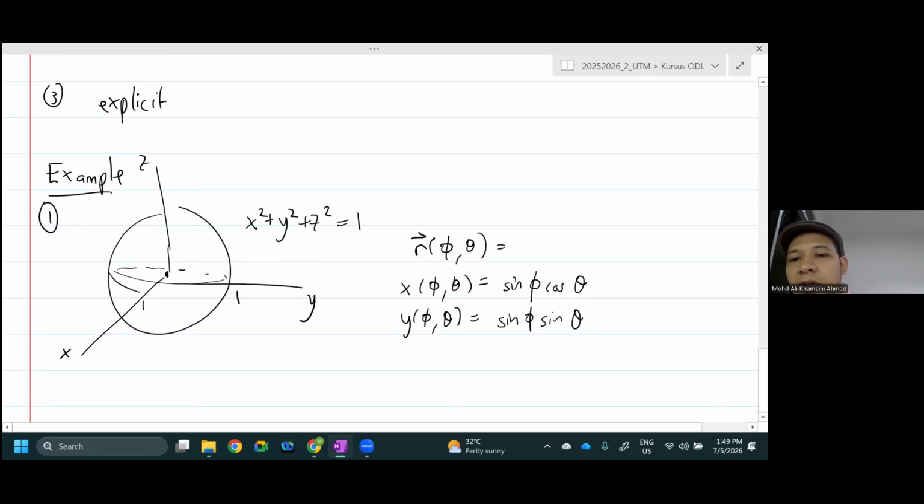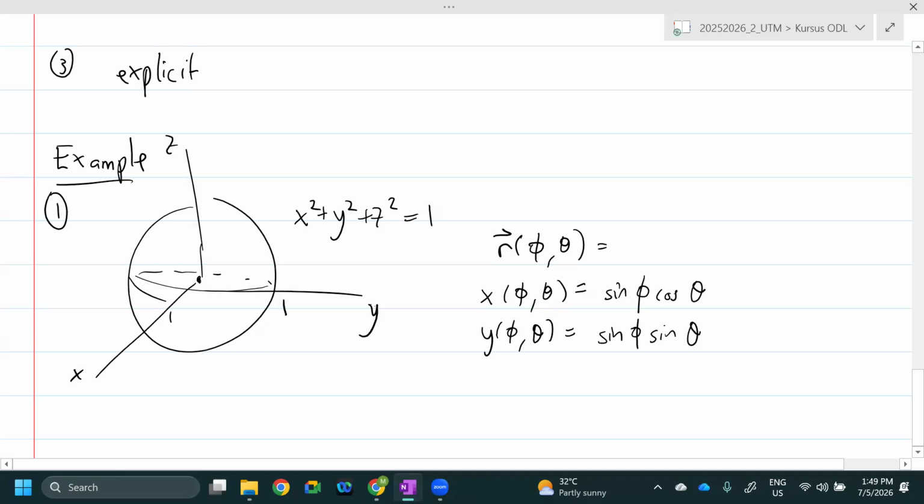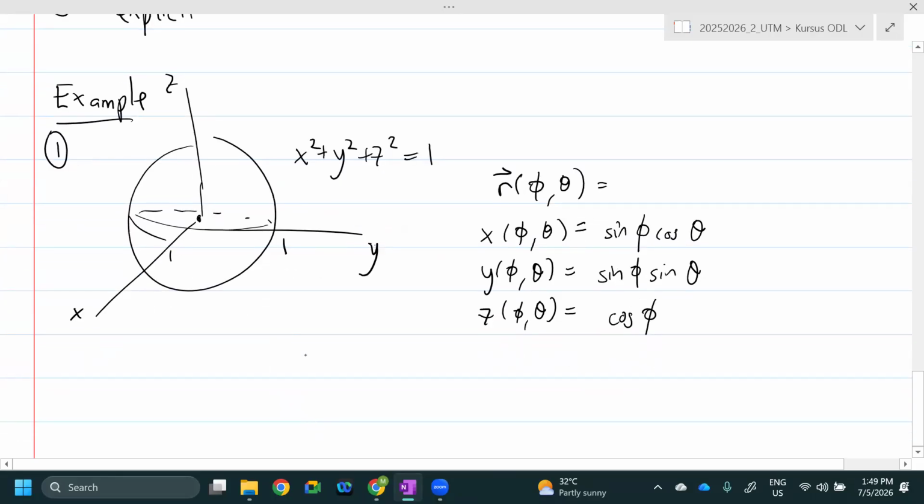Okay. So if you recall again from the triple integral, if you want to convert from x, y, z coordinates to spherical, you can use that way to parameterize this sphere. z(phi, theta) is equal to cosine phi here. Okay, cosine phi. So that's how you can parameterize this sphere. So if you want to write it nicely, the equation, let me write it below.